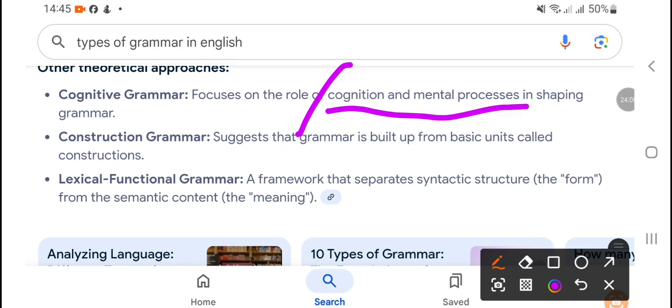For example, take a child: when you were a kid, your brain developed this way, that is called the phonological process. A child receives a word in the beginning, say animal, so he speaks "aminal". Why? Because gradually he understands that it's not aminal, it's animal. So gradually he corrects himself.